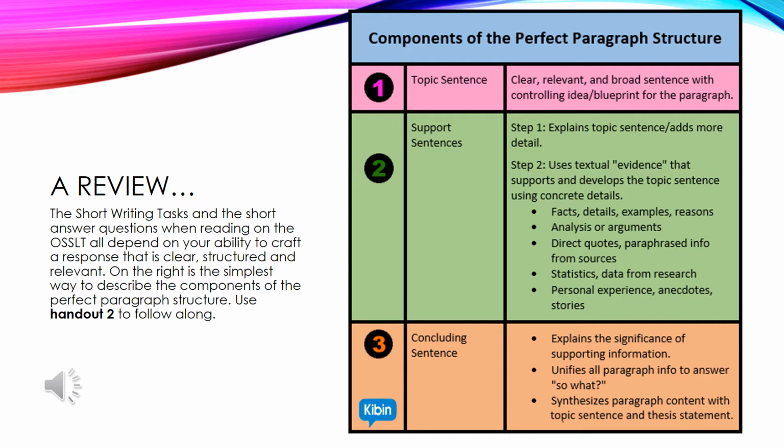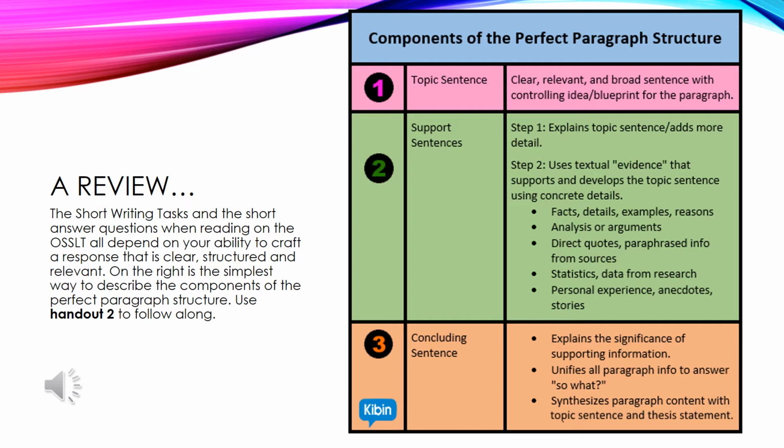The second component of the perfect paragraph are all your support sentences. These explain the topic sentence and of course add more detail. And here you're required to add evidence that supports and develops your idea, your topic, with concrete details. You either use facts, examples, and reasons, and if it's something a little bit more poignant or specific, you might want to do a small analysis or argument.